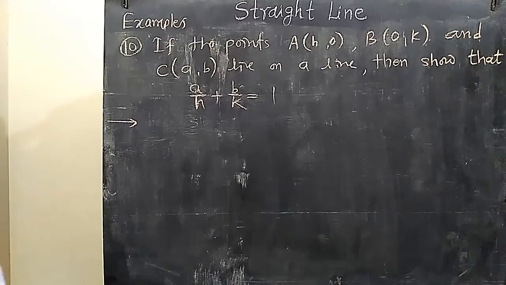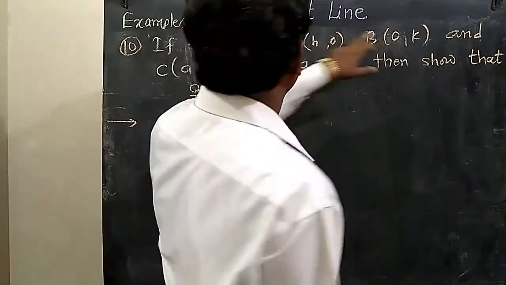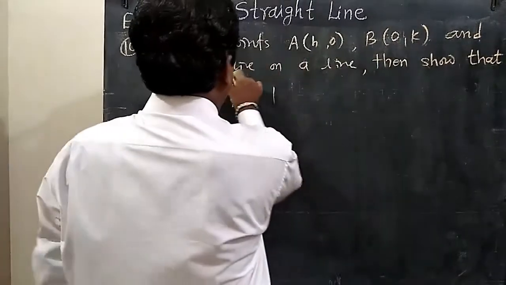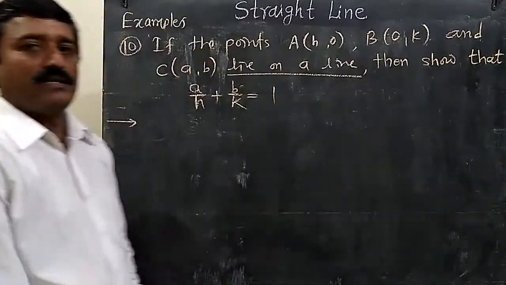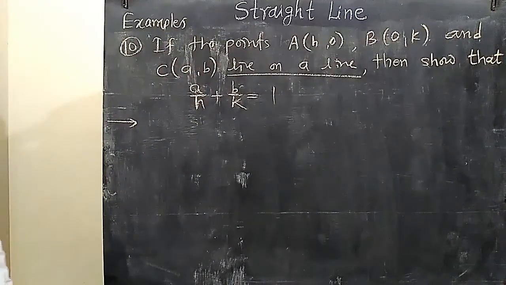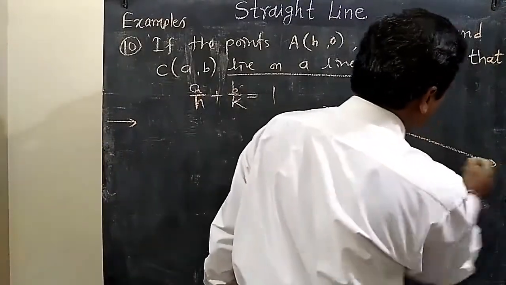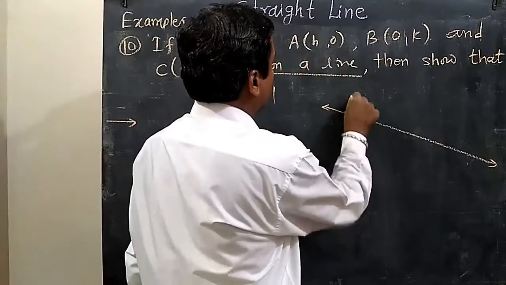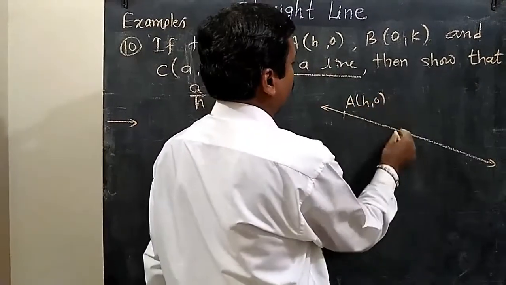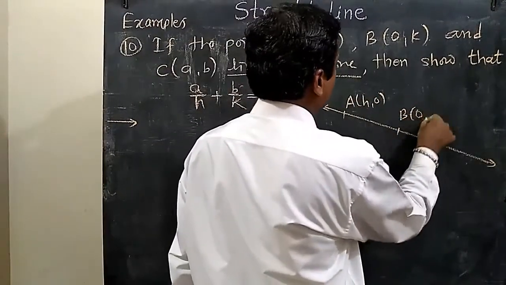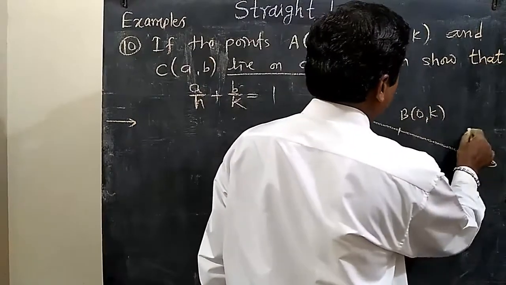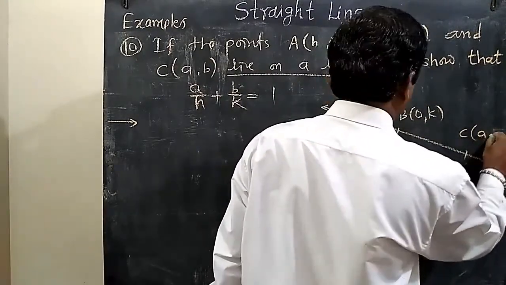Again, here 3 points A, B and C lie on a line. Lie on a line means they are collinear points. Let us see the figure related to this. Here point A is (h, 0), point B is (0, k), and third point C is (a, b).